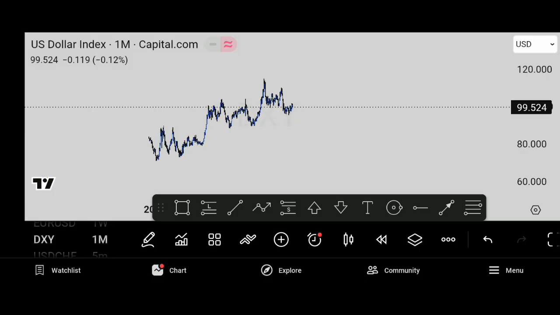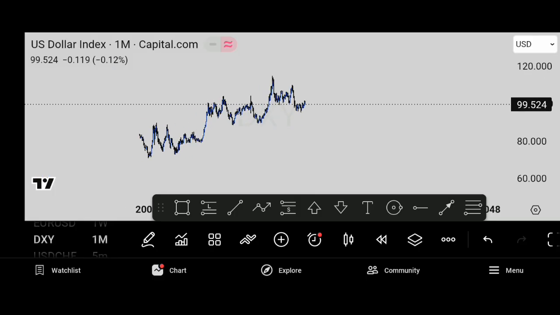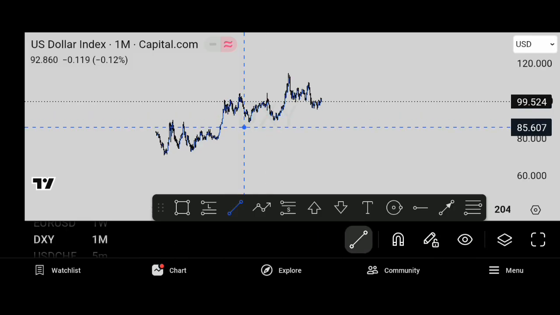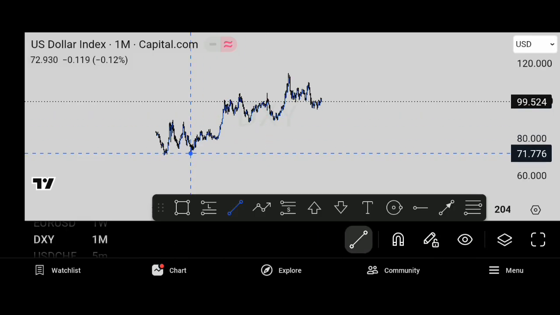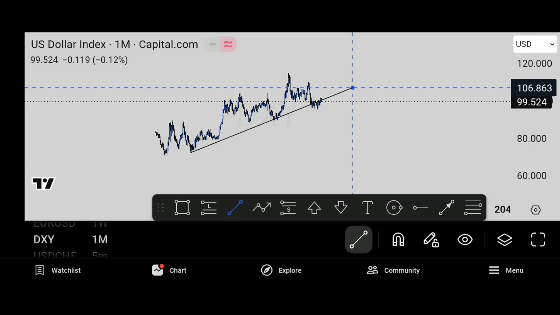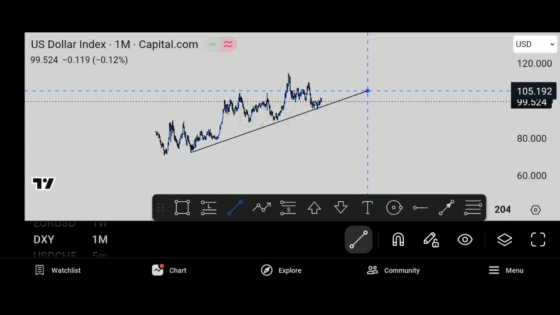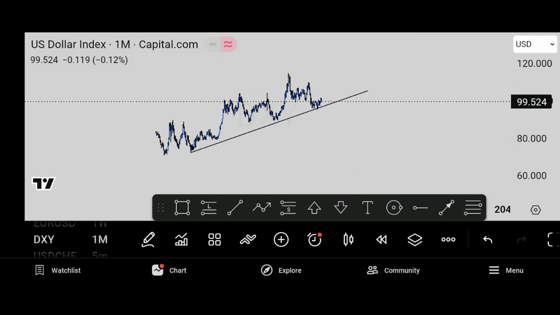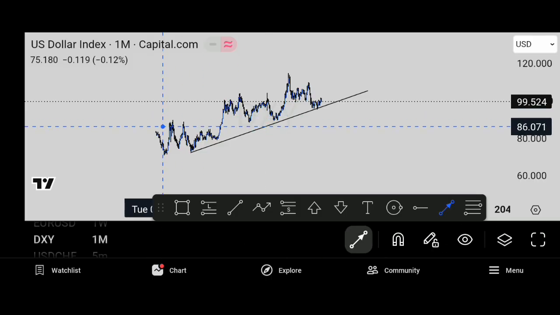Alright, guys. So right now we are on the monthly time frame on the DXY, and when I start my trend line from this point all the way to this point, you guys can clearly see that the DXY is actually in a bullish market, in a bullish trend.